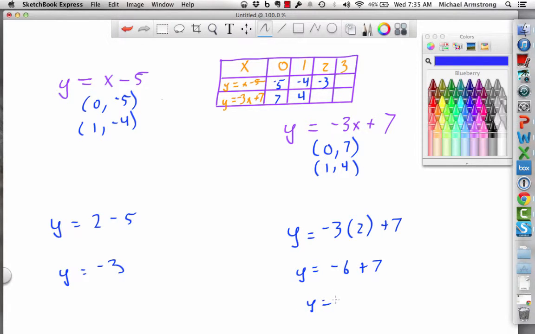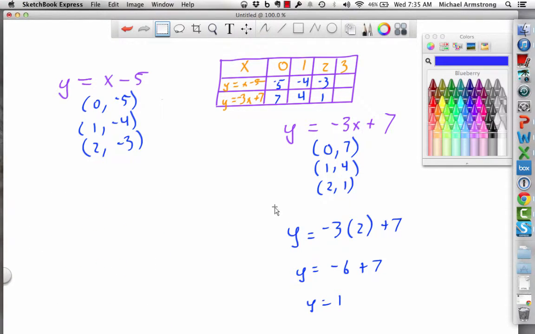So y is equal to +1. All right, good. So now if I go ahead and put these down, I've got 2, 1 for this one. And I have 2, -3 for this one.